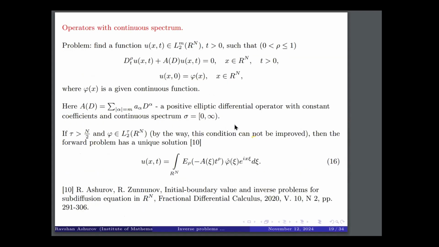Now we will consider the case when the elliptic part has a continuous spectrum. So you see, we consider this problem in Rn, and then this operator is an elliptic differential operator with constant coefficients. It's known that if you consider this in Rn, it has a continuous spectrum, and the solution of this forward problem has the form 16. This problem we considered in this paper, Ashurov, published 2020.